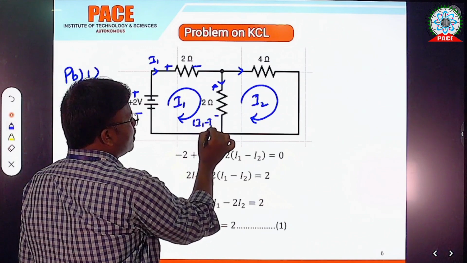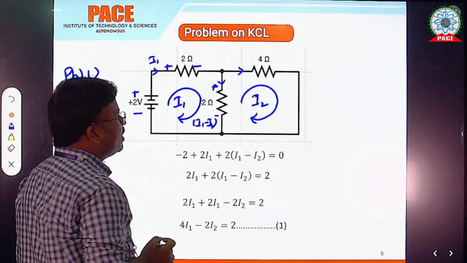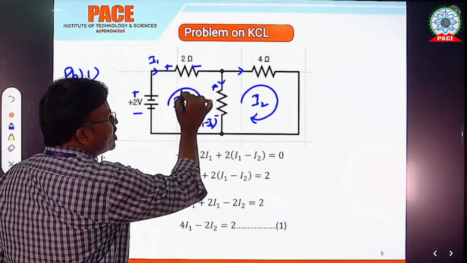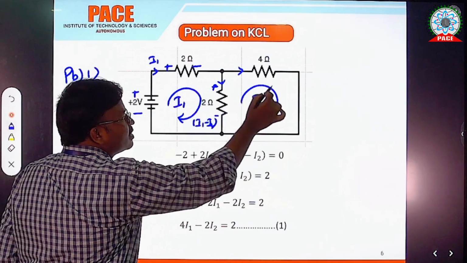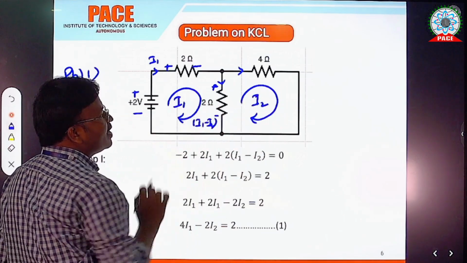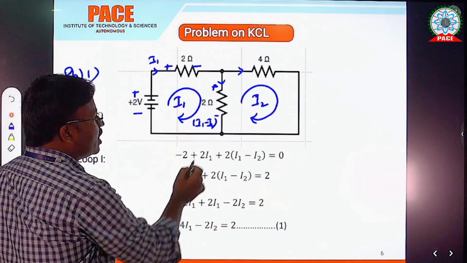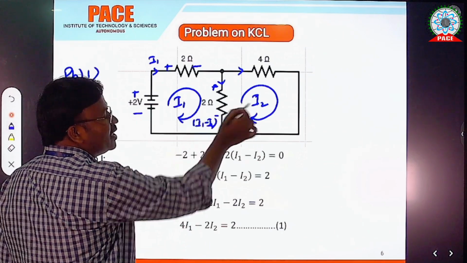The second loop current direction is opposite to the first loop current direction, so the current is subtracted with I2: (I1 minus I2) into 2.